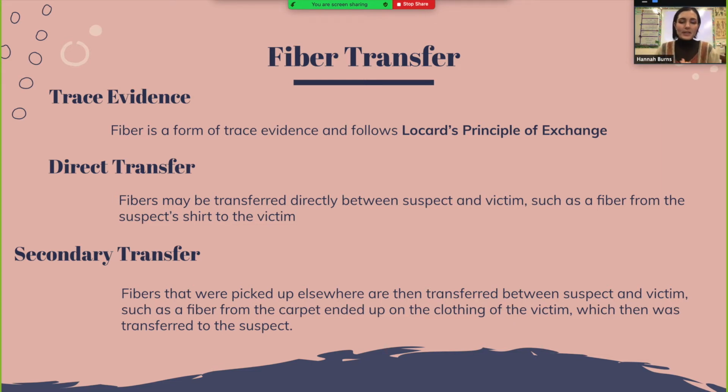Another example would be fiber from the carpet ending up on the clothing of a victim, which was then transferred to the suspect. So direct transfer is directly between something on the suspect to something on the victim, such as clothing that the victim or the suspect is actually wearing. Meanwhile, secondary transfer is not necessarily directly related to what the suspect or victim is wearing, more so something they picked up along the way that happened to stick to them.